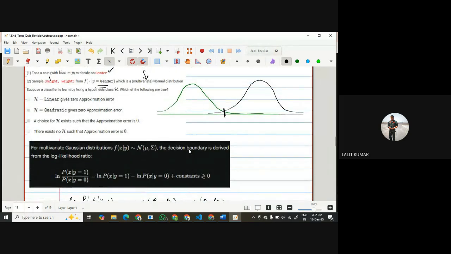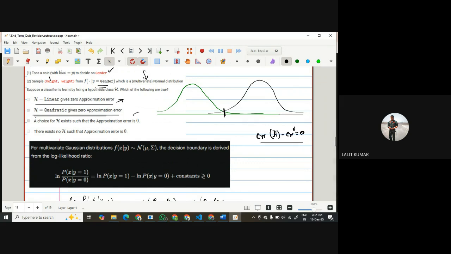Suppose a classifier is learned by fixing a hypothesis class H. Which of the following is true? H equal to linear gives zero approximation error. This is not correct because here we cannot have a linear classifier. H equal to quadratic gives zero approximation error. We have seen earlier in our example that we had error of H minus error star equal to 0 and it was following a normal distribution.